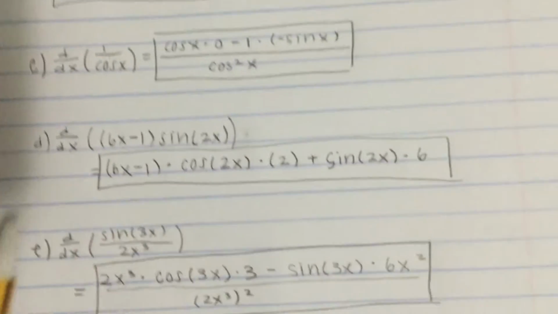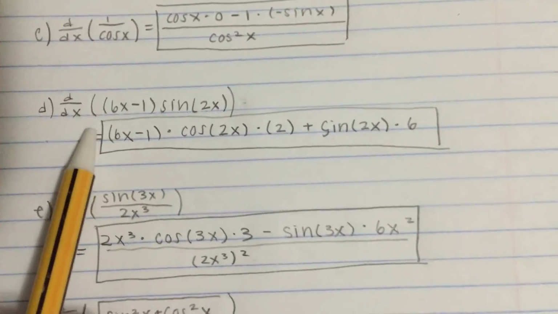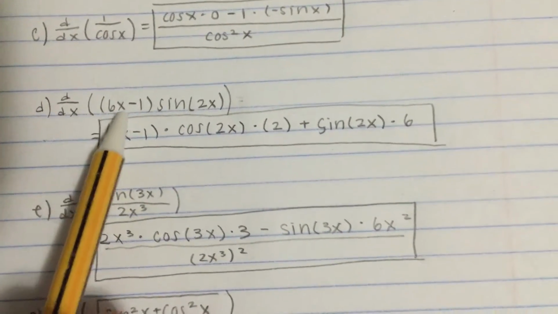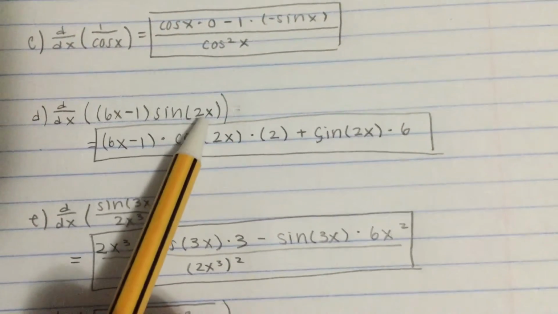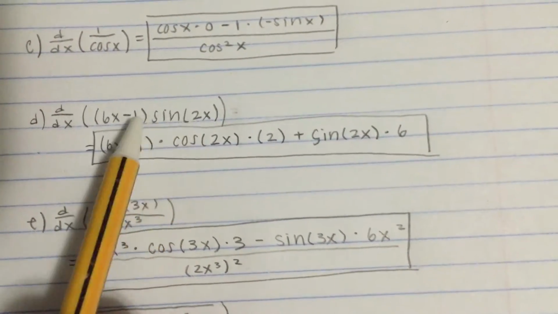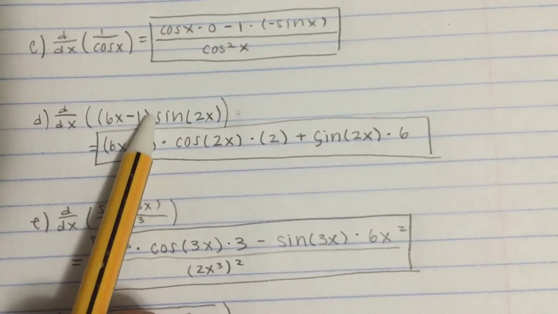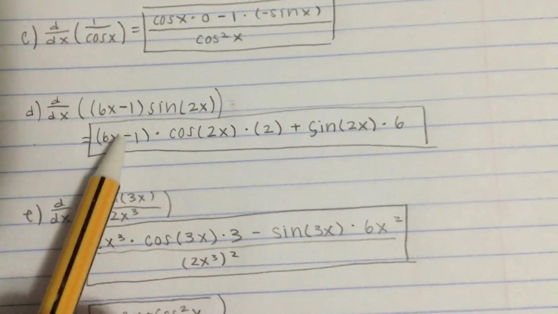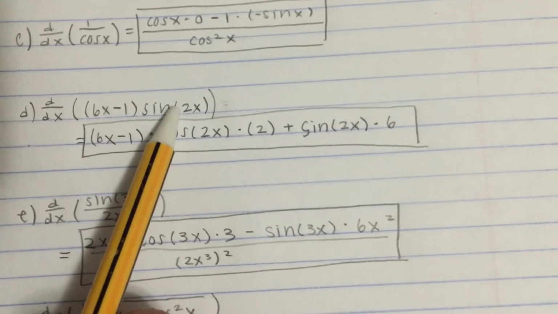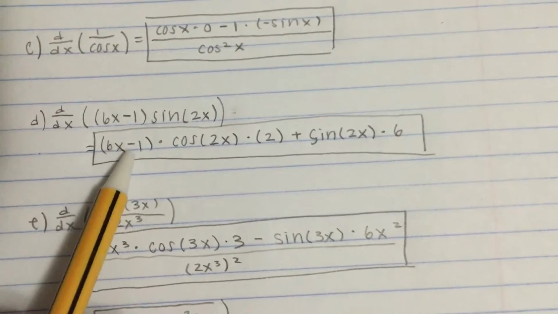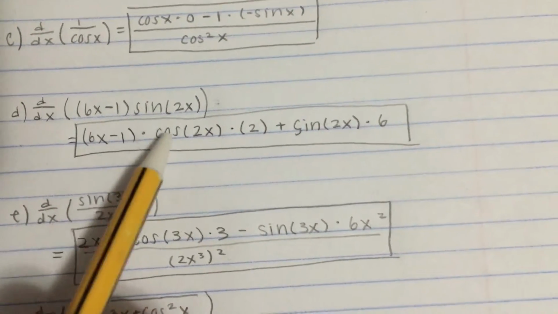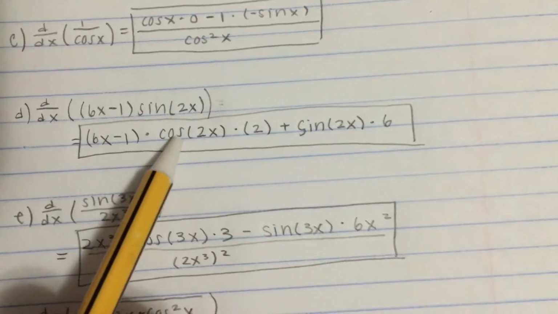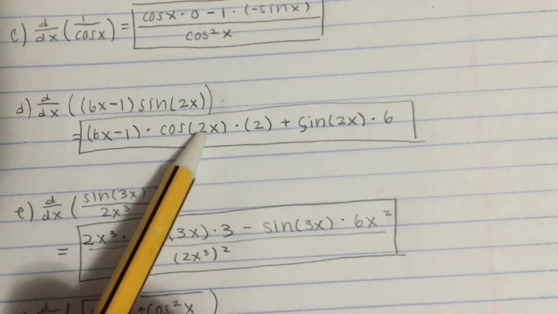For D, it's d/dx of (6x minus 1) times sine of 2x. I just use the product rule because it's a product of two functions. So it's the first, which is 6x minus 1, times the derivative of the second, which is cosine 2x.